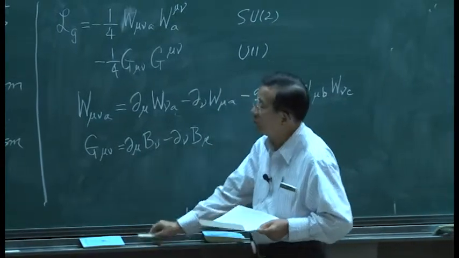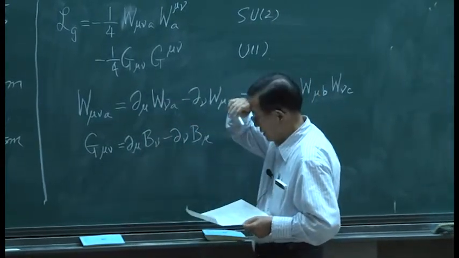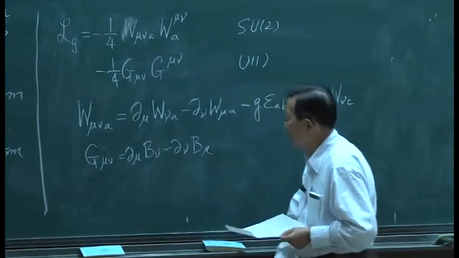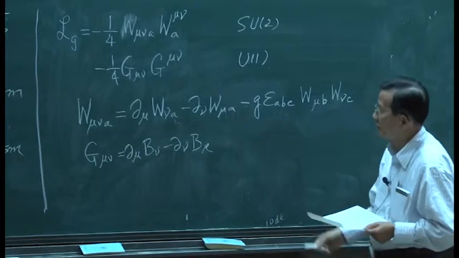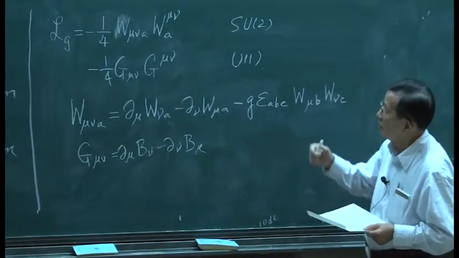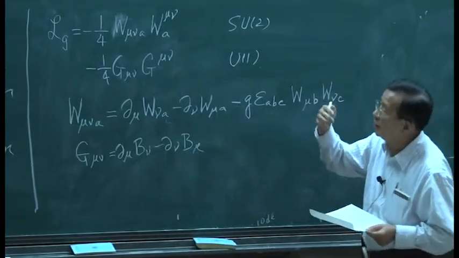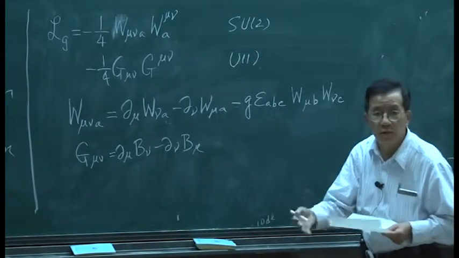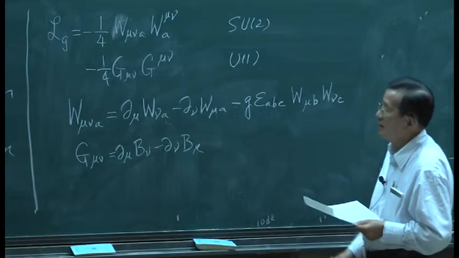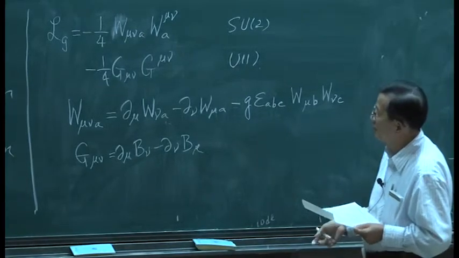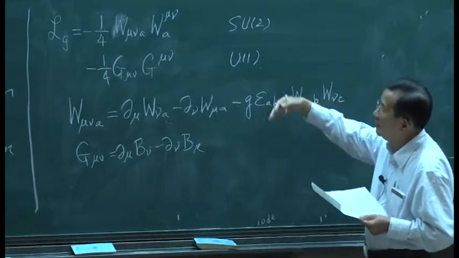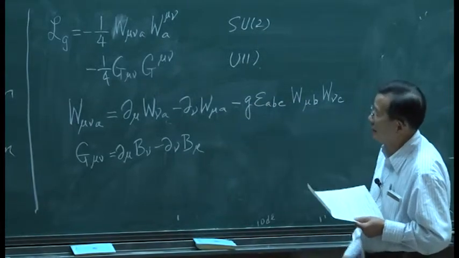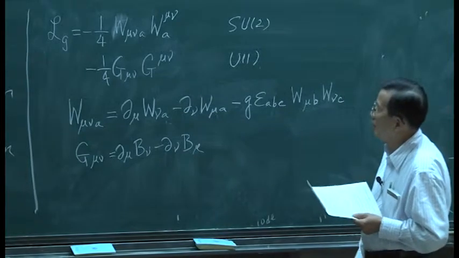Now you may wonder why we have to use a non-abelian gauge group, and I think there are two reasons. One was because we want to unify the weak interactions and the electromagnetic interactions, and we know the photon is an abelian gauge field. So if you want to combine them, the other component must also be a gauge field. And the other was more profound.